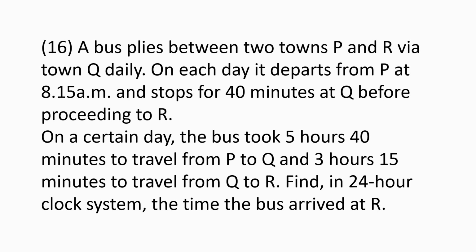We've been told the bus leaves at 8:15 a.m. and 8:15 a.m. in 24-hour clock system is 08:15 hours. Then we've been told that it arrives at Q. It takes 5 hours 40 minutes to arrive at Q. Therefore, the arrival time at Q will be 08:15 hours plus 5 hours 40 minutes.